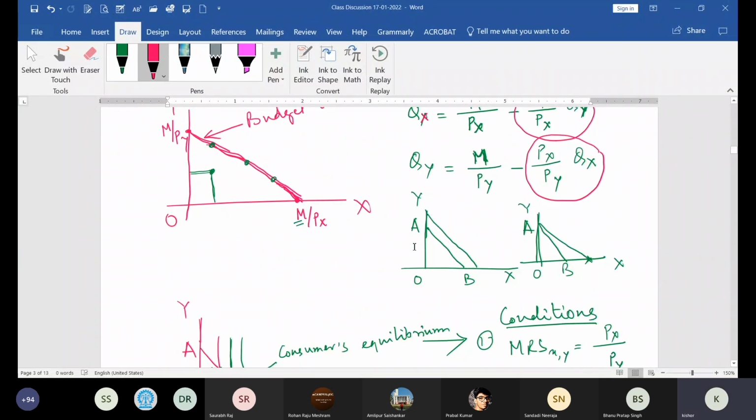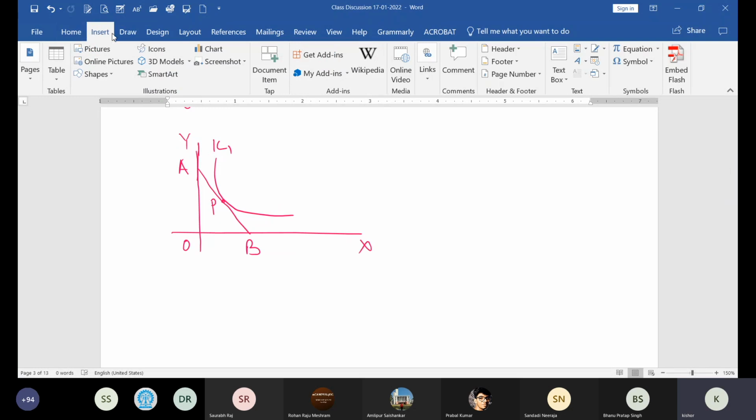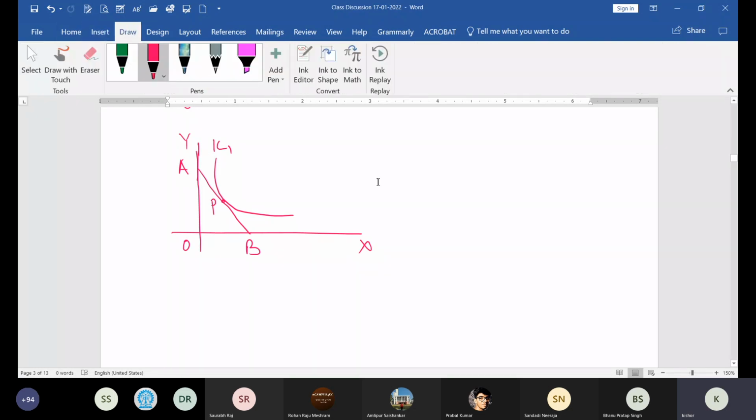When I assume that only your income increases, all other things are at a certain level, then what will happen? The budget line will shift parallelly upward because income increased. So when the budget line shifts parallelly, what will happen?